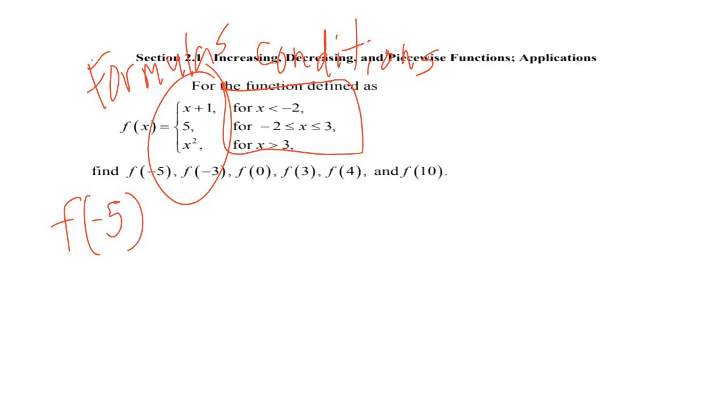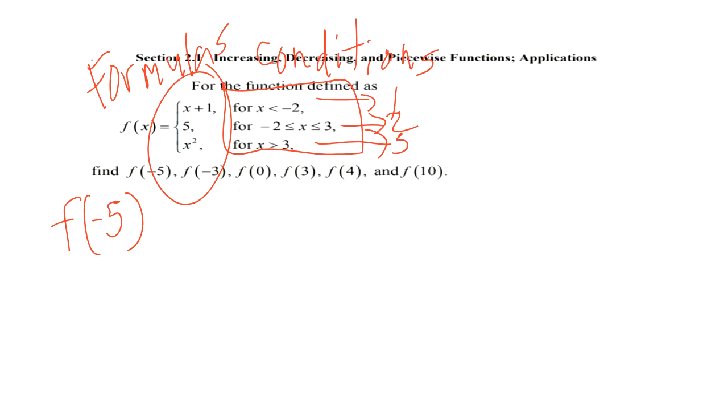we need to find where -5 occurs in one of these different conditions. So we look at it. We have 3 different conditions here, and we need to find a place where -5 will fit in. So I'll go to each one.